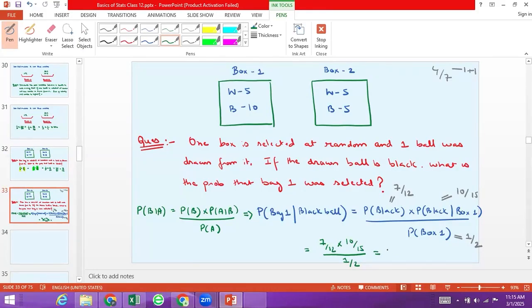So it will be 7 by 12 multiplied by 2 by 3 multiplied by 2 by 1, I believe. This will become the reciprocal. So this will become 7 by 9. Is that correct? Is it 7 by 9?